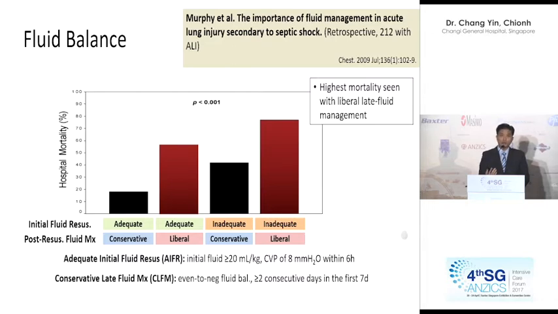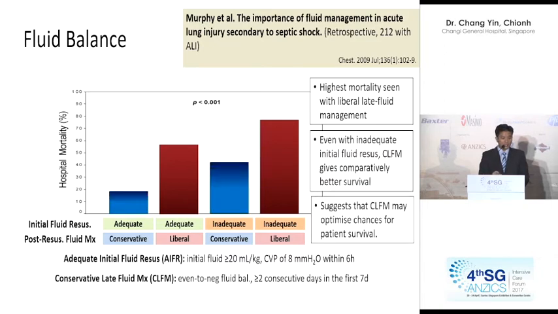That means they have much more fluids in the post-resuscitative period. Even if you look at those patients with inadequate initial fluid resuscitation, a conservative fluid management strategy actually gave a comparatively better survival compared to those who have had liberal fluid intake after the initial resuscitation.